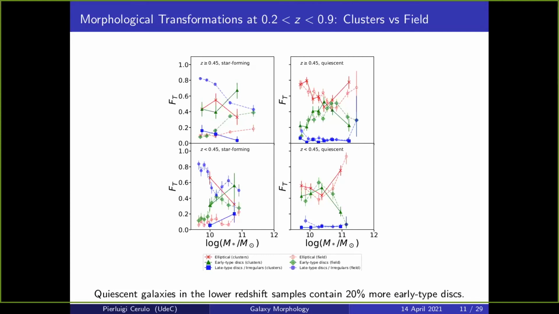Now, why is that? The problem is that when doing morphological studies, and this is where we are now, there are several things to consider before doing any physical interpretation. One is that morphology is done in a passband. Here you see morphologies in the F160W band of HST, near infrared. And near infrared is sensitive to all stellar populations, so bulge stars, basically.